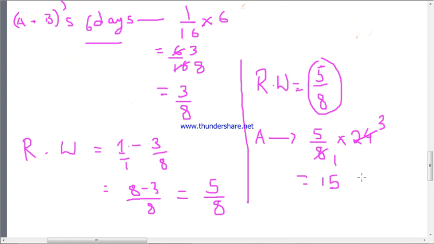So the remaining work done by A takes 15 additional days to finish the whole job. Have you understood?